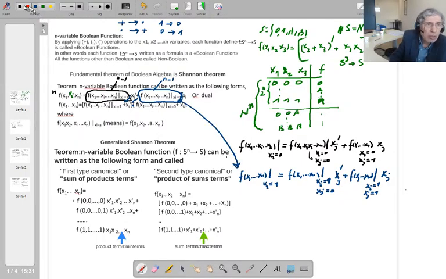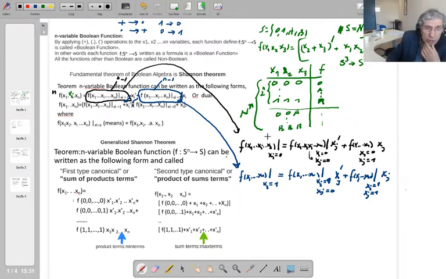So this one, the black one, is this function. Apply the Shannon theorem for the variable xj prime, xj. Now we are saying, what is the original function if I consider xi out, xj out? Why are we doing so?